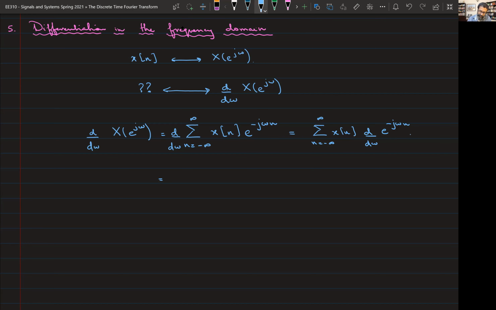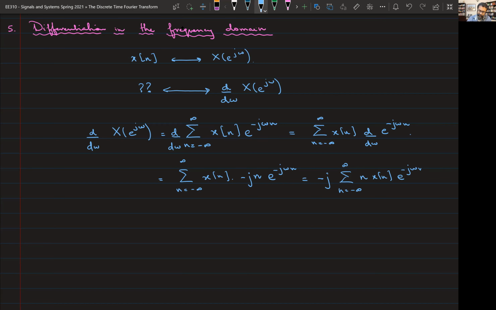This is equal to the summation n going from minus infinity to plus infinity of x of n times minus j times n and e raised to power minus j omega n. So that's the derivative of the exponential. And then what I obtain is minus j times the summation n going from minus infinity to plus infinity of n times x of n e raised to power minus j omega n.